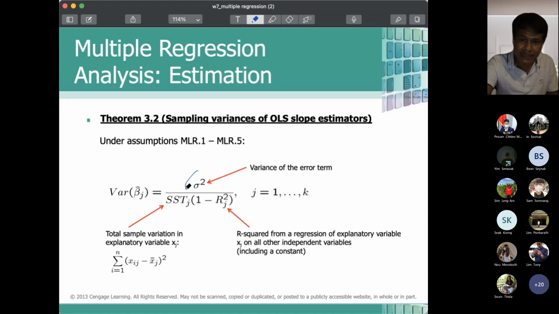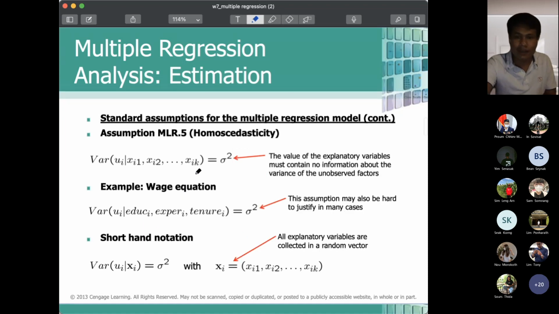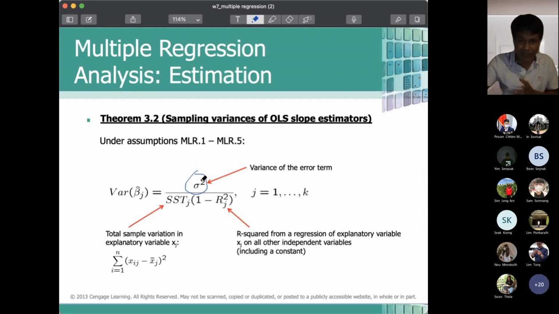Earlier we discussed the unbiased variance of the error term. But generally what we really want is the unbiased estimate and unbiased variance or standard error of the estimate. So when we obtain the unbiased variance of the error term, we can construct the variance of the estimate.